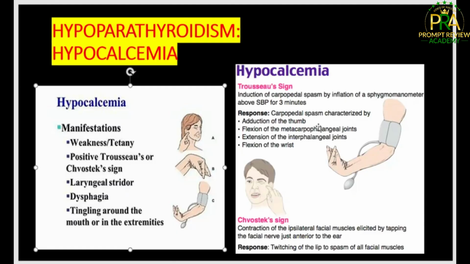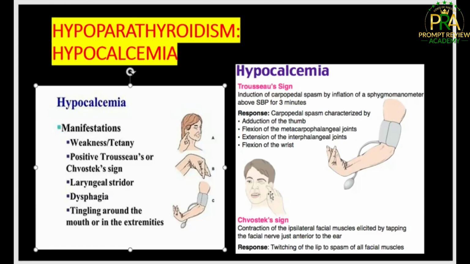Just remember, nobody is going to tell you to explain this in the exam, but just know that is the Trousseau sign. Just think about when they are inflating a blood pressure cuff. When they are inflating it, there is that carpopedal spasm.